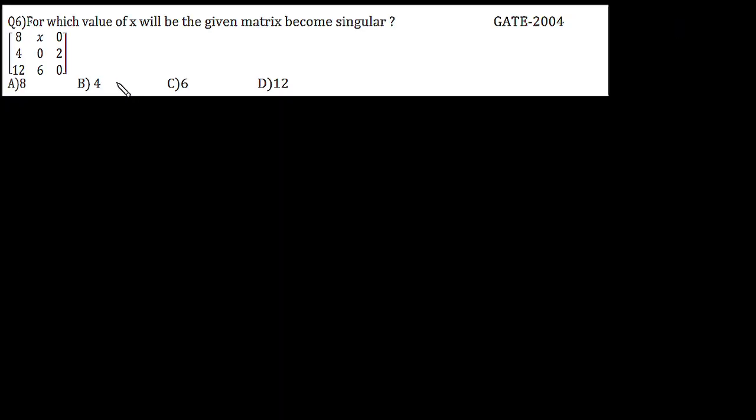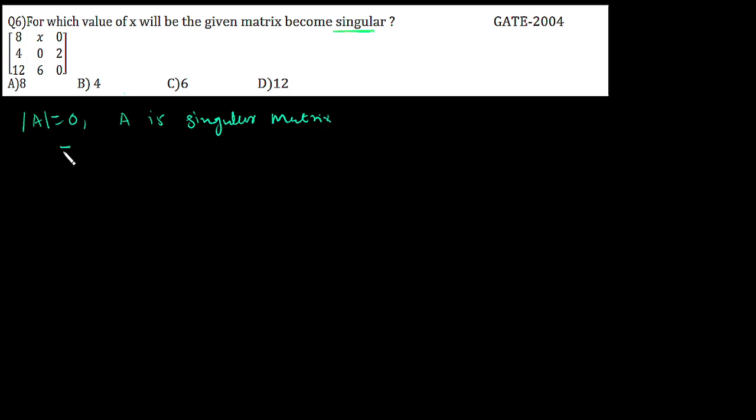Okay, now let's solve question number 6. Question 6 says: for which value of x will the given matrix become singular? First of all we need the definition of a singular matrix. For any matrix A, if the determinant of the matrix is 0, then we call this matrix A a singular matrix.